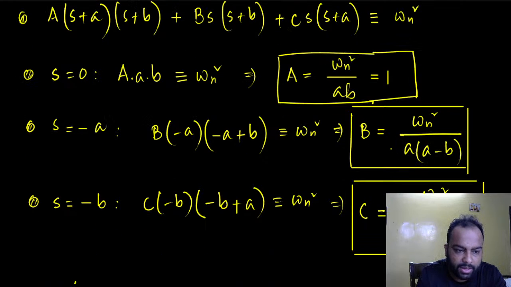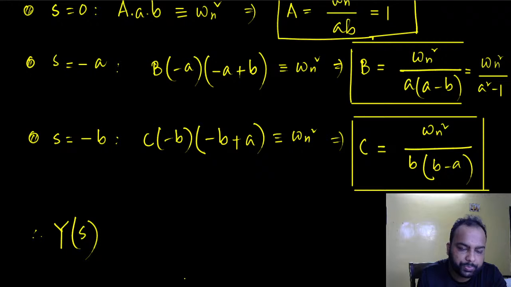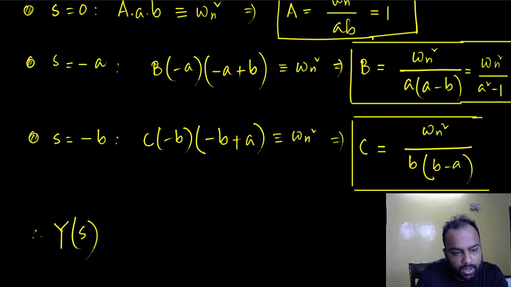And since AB is omega n square, I can also further simplify these terms here. Look very carefully. Since AB is omega n square, this is going to be omega n square divided by A square minus AB, which is equal to 1. This can also be simplified further: omega n square divided by B square minus AB.